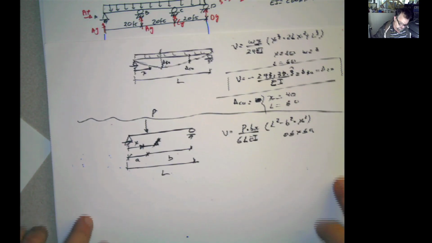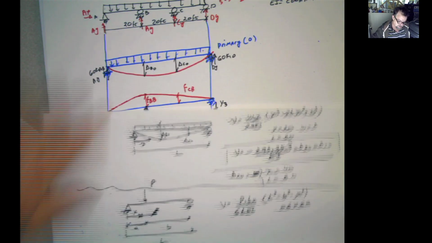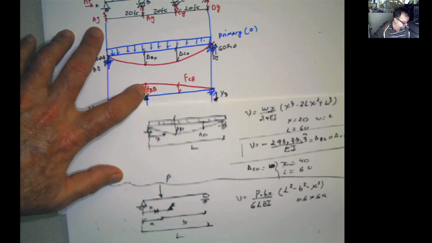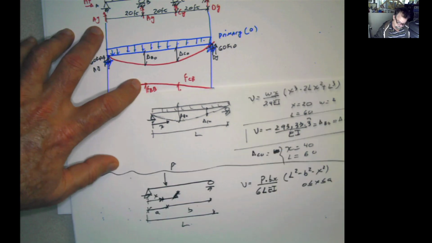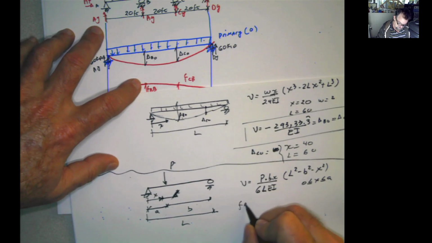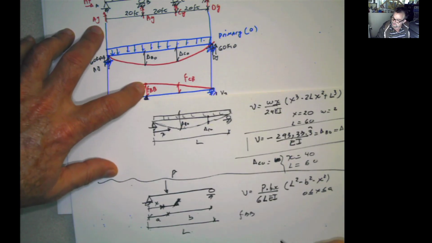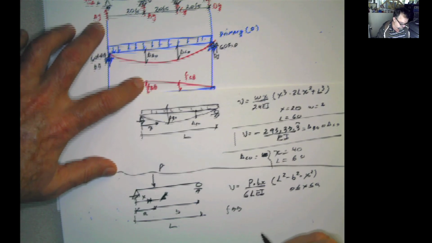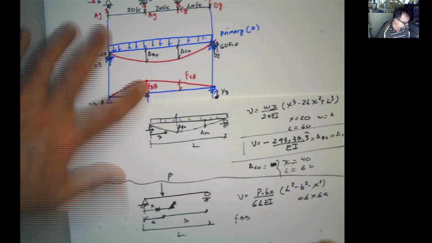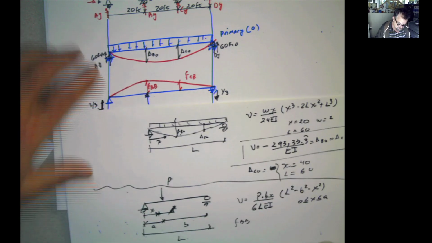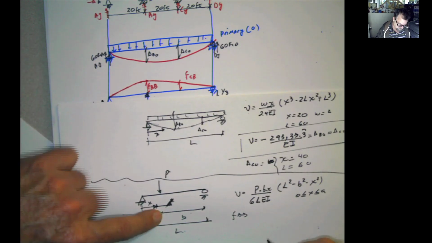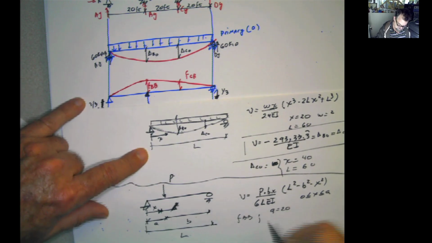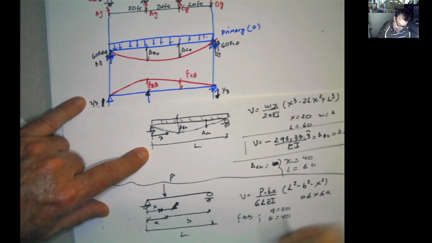Now, if we have that situation, and I have to calculate FBB, the deflection at that point, let's check what our values are. For FBB, A up to that point is 20. B is 40, because B is this distance.